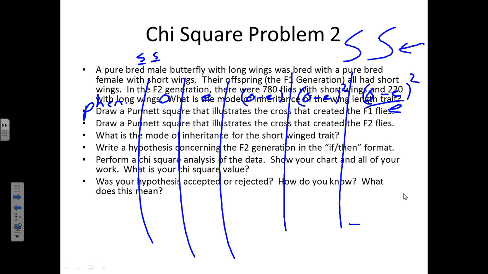Short and long. Even if they gave you the information broken down by gender, does it make any sense to break this down by gender? No, because short and long is all we're worried about. It's autosomal. So we write down our observed data. And this tells us 780 short, 220 long.